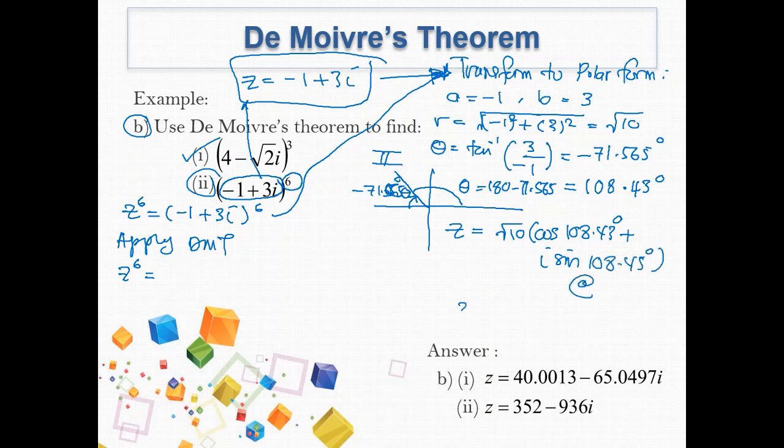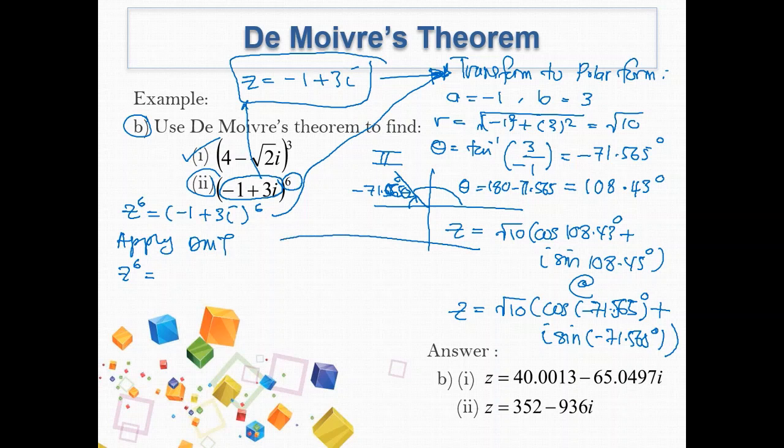Or you also can use z equals square root of 10 cos negative 71.565 degrees plus i sine negative 71.565 degrees. I will use this form. Apply into the De Moivre theorem.